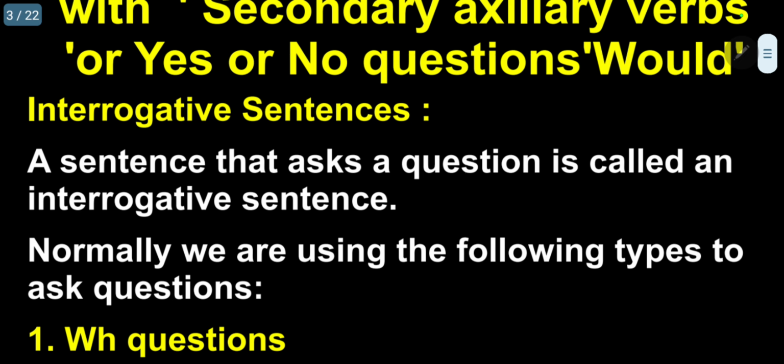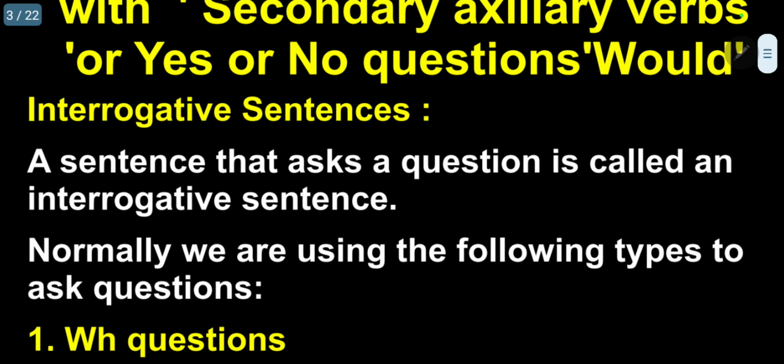Because when we classify sentences, there are a number of ways we can. One of the ways we can classify is as simple sentences, interrogative sentences, imperative sentences, and exclamatory sentences. So we are concentrating now on interrogative sentences.